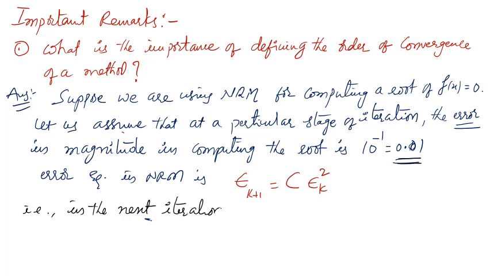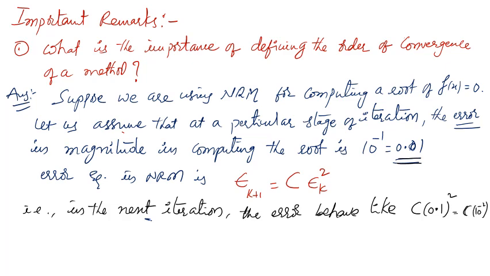In the next iteration, the error behaves like c into epsilon k whole square, right? That is c into 10 power minus 2 whole square, isn't it?